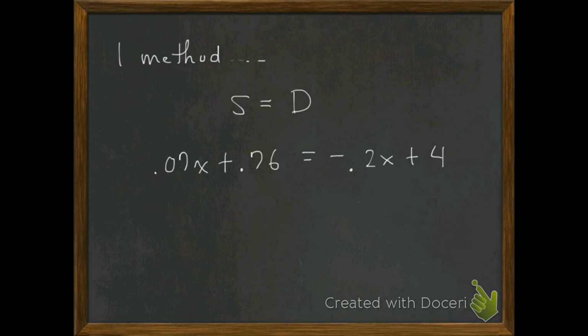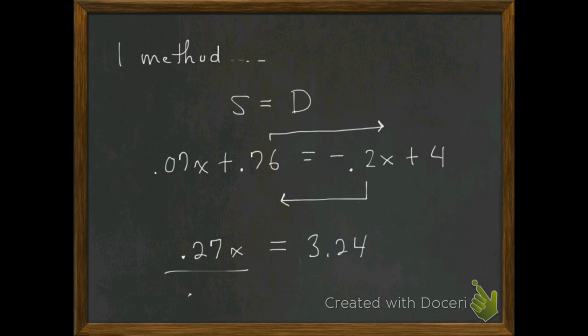Well, pick your poison here, really. I'm going to move all of the x's to that side, and I'm going to move the non-x's over here. So essentially, relative to the x's, I'm going to add 0.2 to both sides to get 0.27x on the left. And I'm going to subtract 0.76 from both sides to get 3.24.